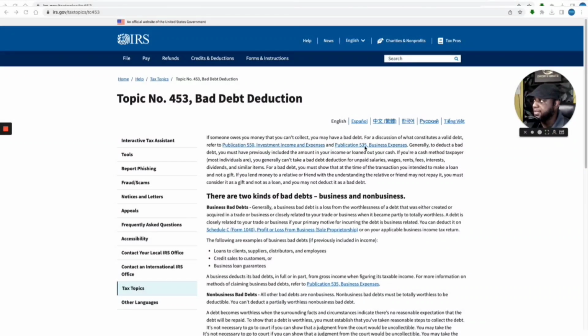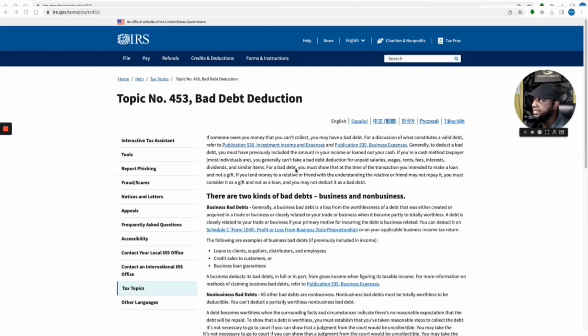And you have publication 535, business expenses. Generally, to deduct a bad debt, you must have previously included the amount in your income or loaned out your cash. If you're a cash method taxpayer, as most individuals are, you generally can't take a bad debt deduction for unpaid salary, wages, rent, fees, interest, dividends, and similar items.